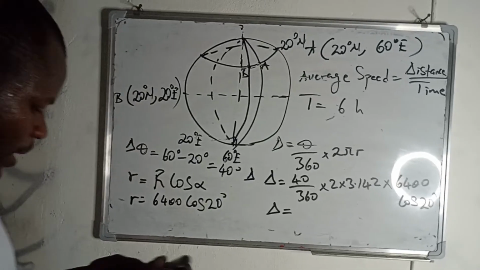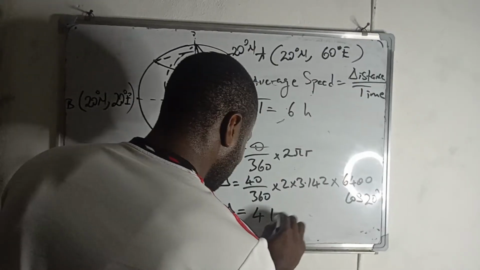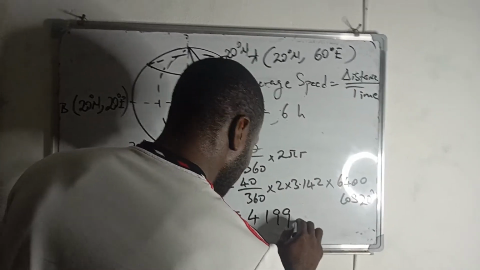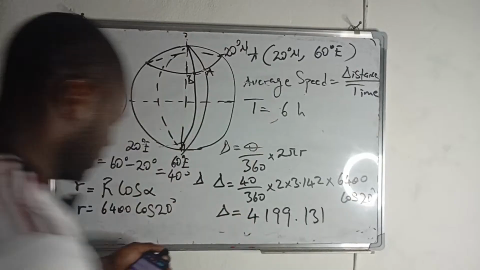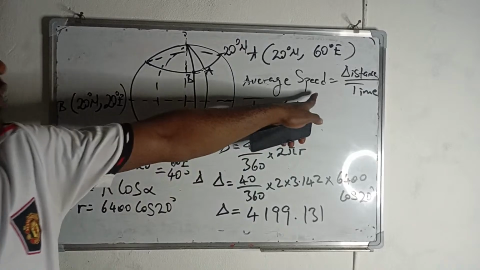So here we're going to have the distance here. We have 4199.131. So this is our distance D. Then remember, what we are looking for is the average speed.